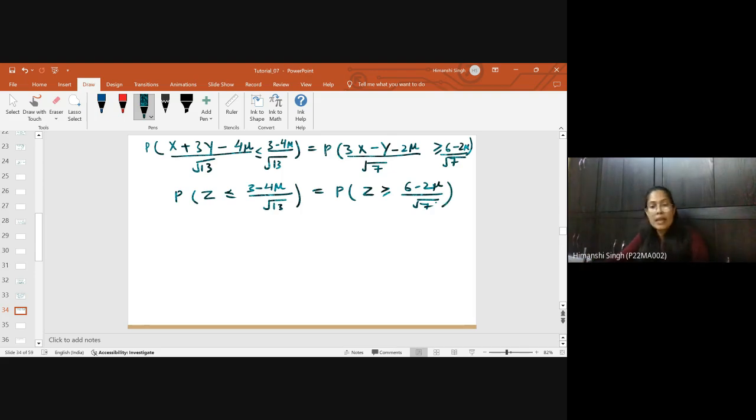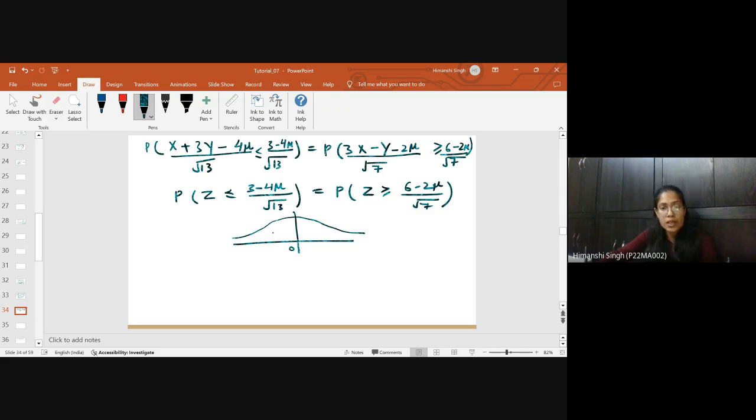Now, if I see the standard normal curve, then this is 0 basically here. Now, it is saying that this is some point. If I take the probability of the area which is less than or equal to this point, and the probability of the area which is greater than or equal to this point, then both of the probabilities are equal.